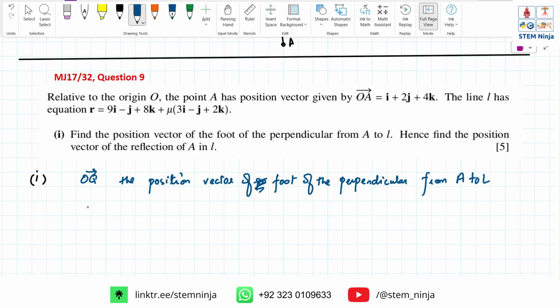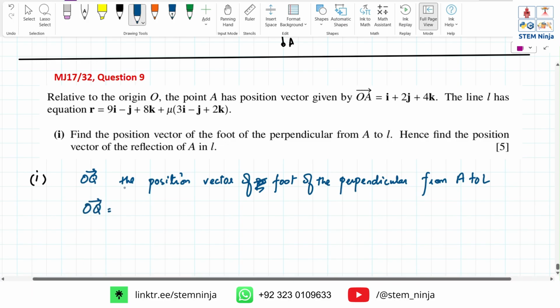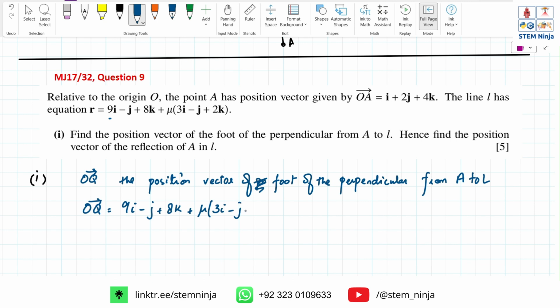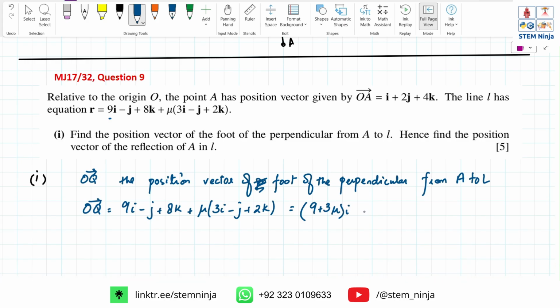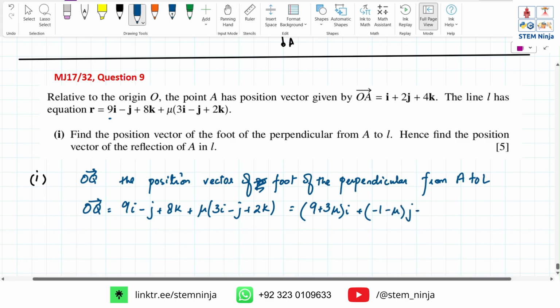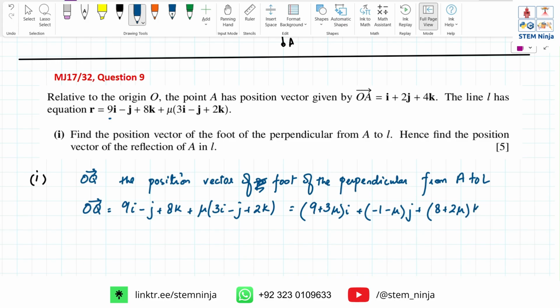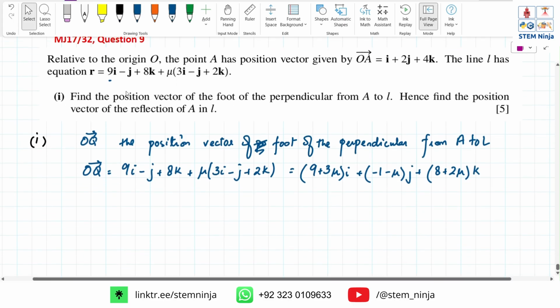So OQ will be expressed by the same expression, 3i minus j plus 2k, which can also be written in the parametric form: 9 plus 3 mu i, plus minus 1 minus mu j, plus 8 plus 2 mu k. Right, so these are two descriptions.